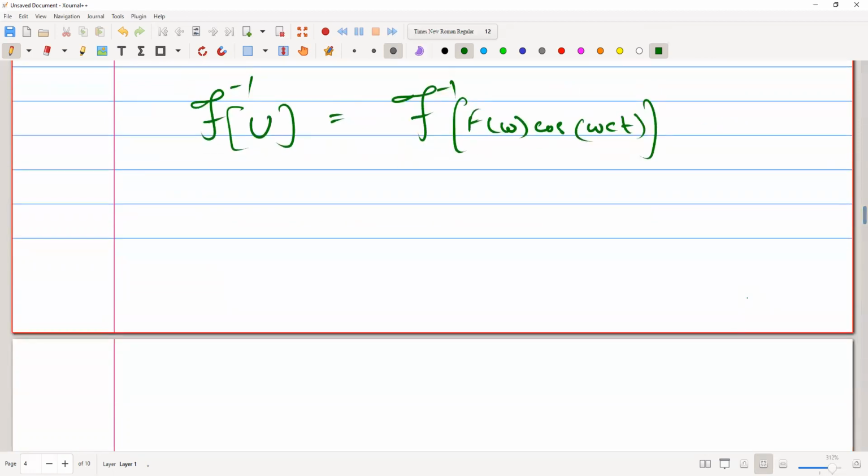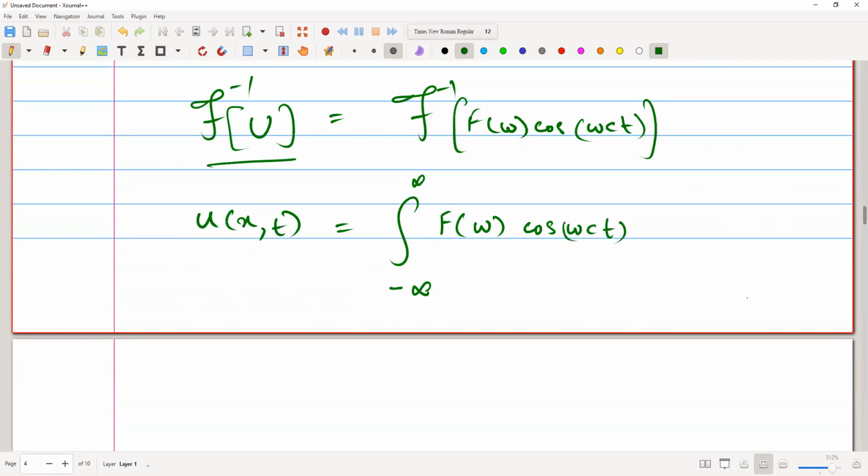This will become u of x comma t by inversion equals, now we just need to integrate from negative infinity to positive infinity, f of omega times cosine omega ct times e to the, negative, sorry, now it will be positive, omega iota x times d omega.